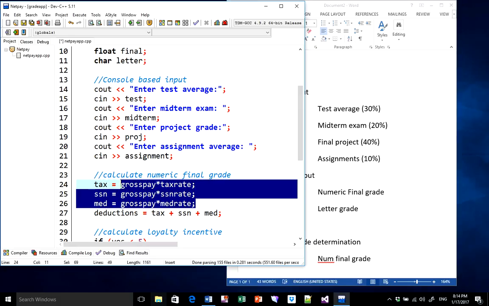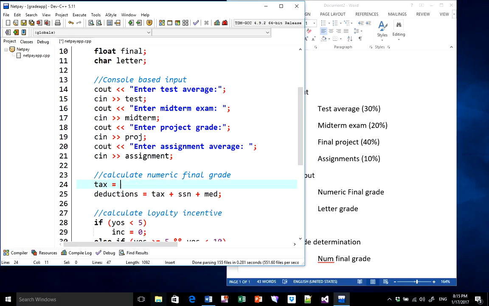There's really just one that we're going to come up with. What did I call it? Final, right? So it will be test times 0.3. Is that correct? Yes.